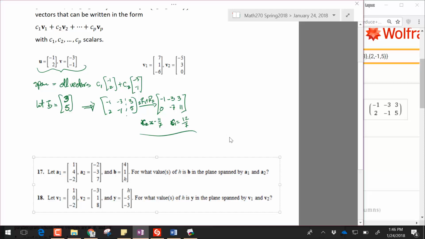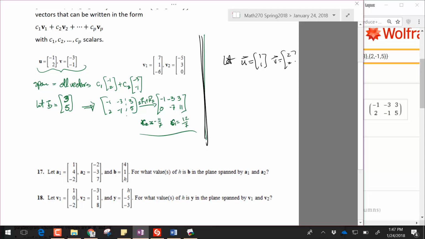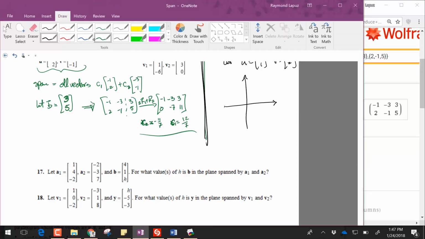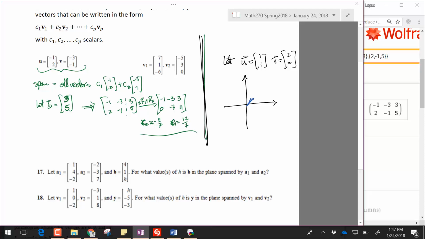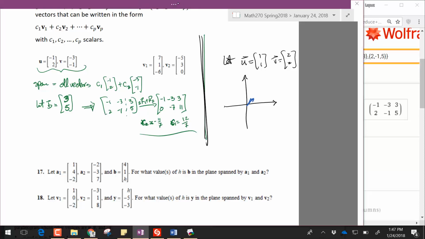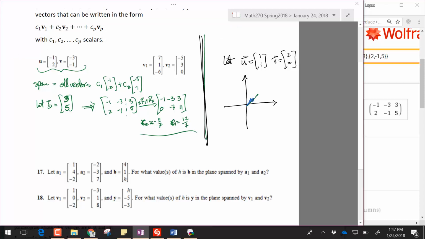Yeah, so let's do a quick example then, since we're continuing to talk about it. Let u equal (1, 1) and let v equal (2, 2), for example, right? So this is in R2, so we can draw this in 2 dimensions, and then we have the 2 vectors looking like this.